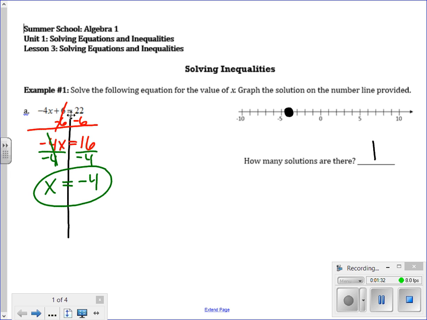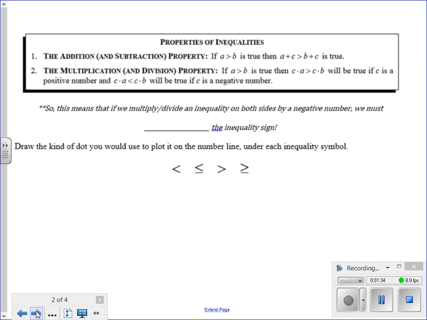Now we're going to follow those same steps going forward, but this time we're going to have inequalities. Inequalities are symbols in math that look like these down here. This first symbol, we call less than. The second symbol is less than or equal to.